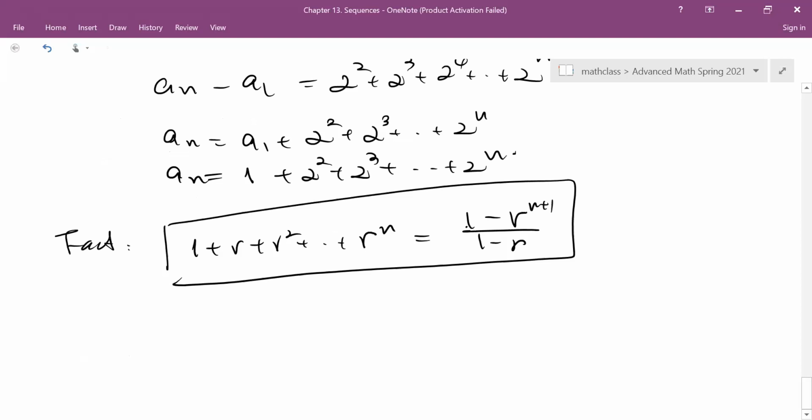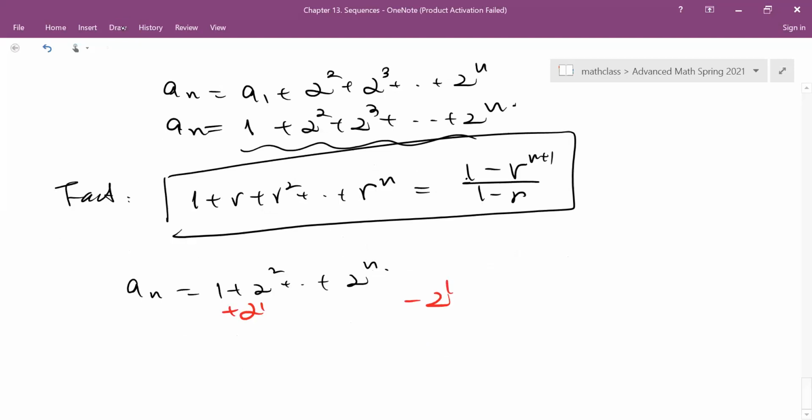So can I use this formula to get our formula? Actually, 2 to the 1 is missing in here. So an equals 1 plus 2 squared, and so on. I'm going to add the missing term, so add 2 to the 1, subtract 2 to the 1.